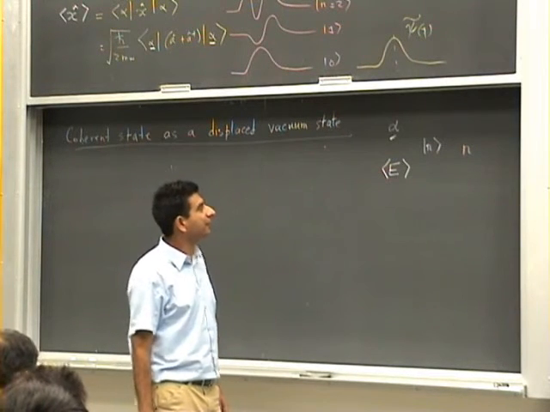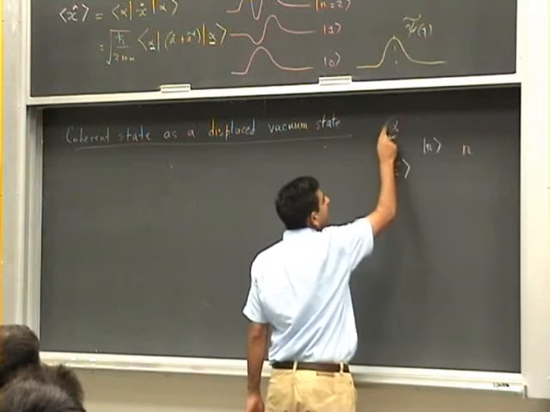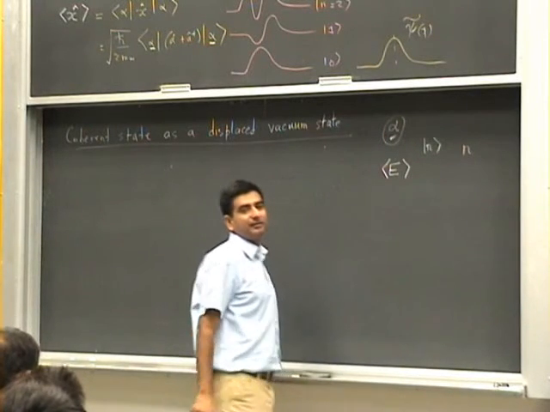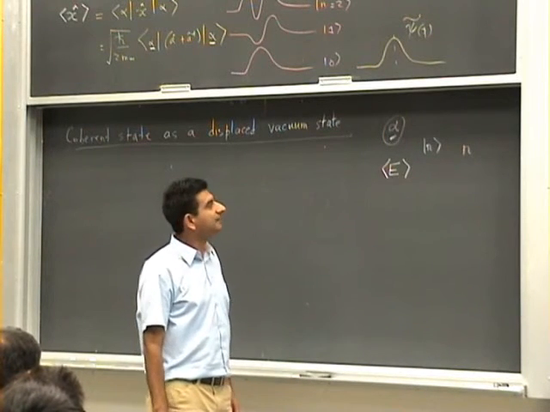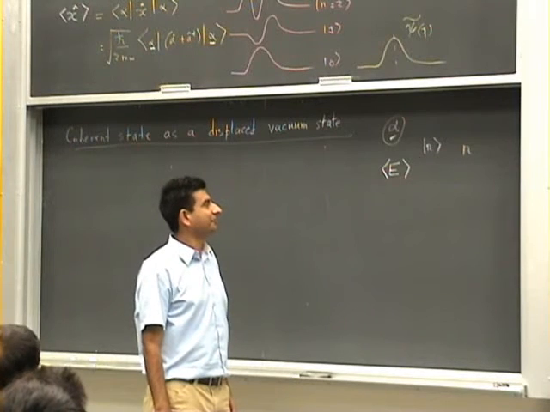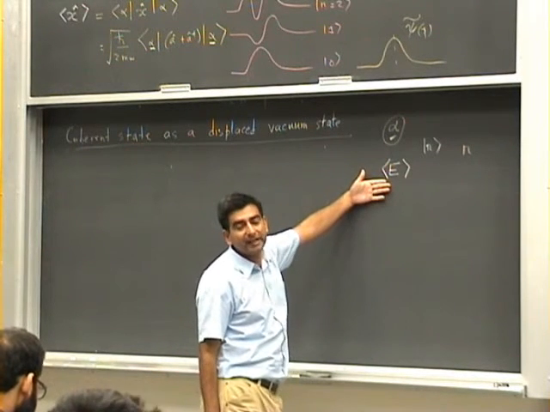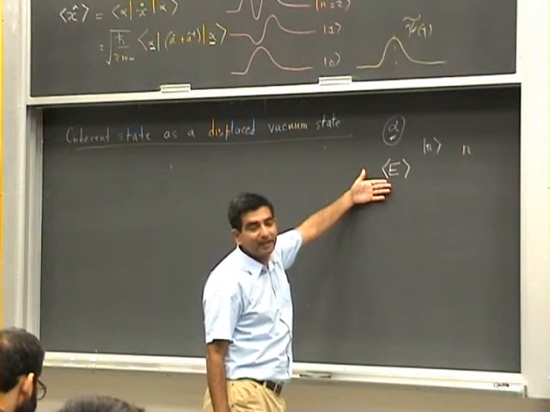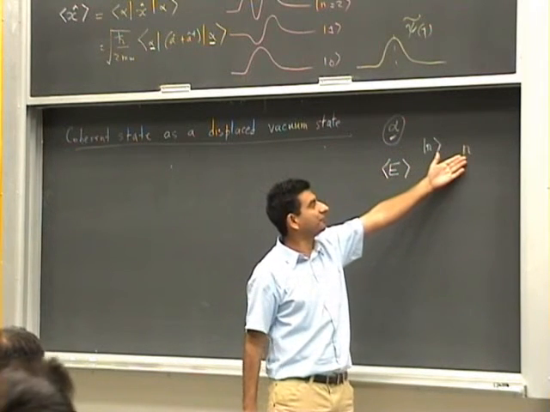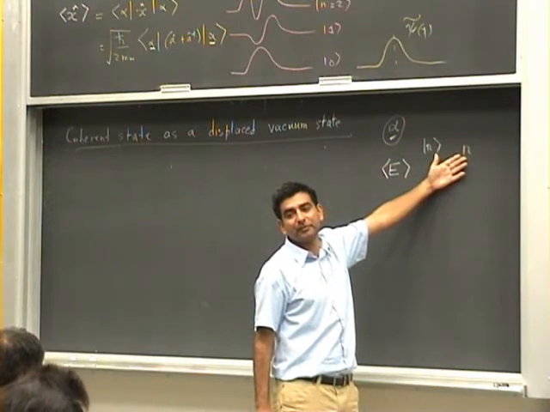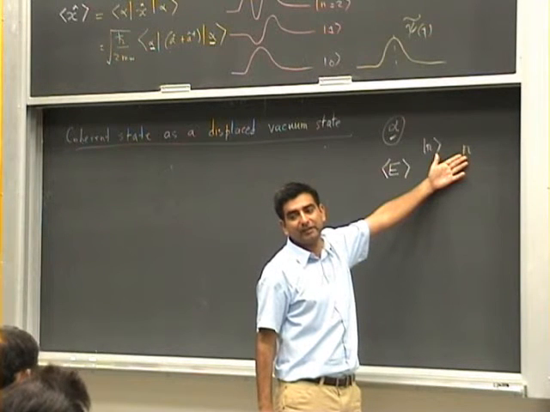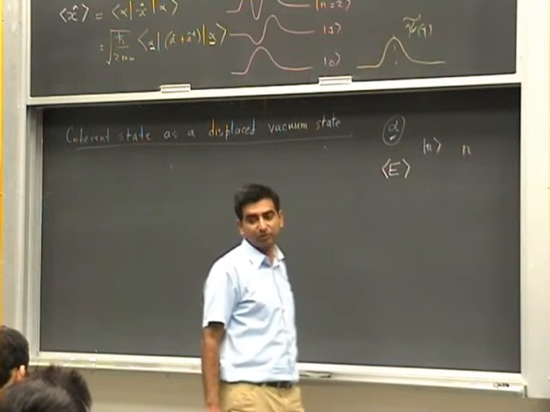And I would also like you to investigate the meaning of alpha. How is alpha related to the expectation value of the energy, and it must be somehow related to the number of photons in a cavity. This is something for you to explore on your own.